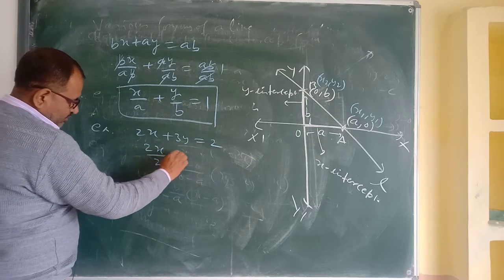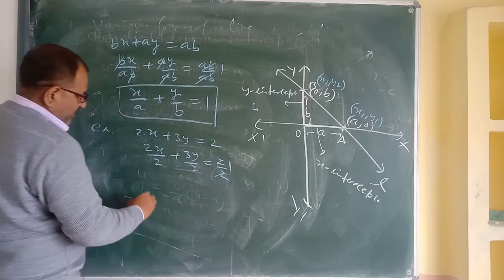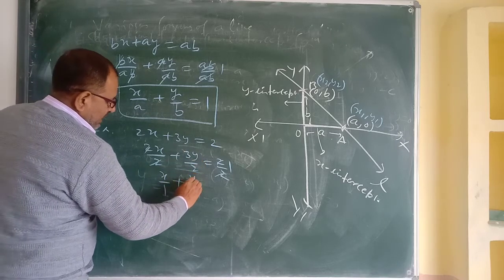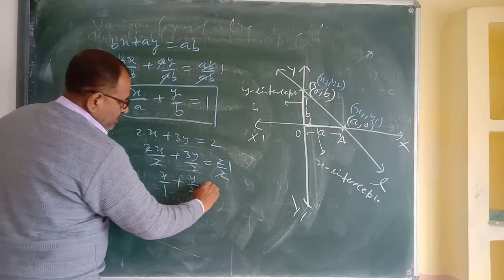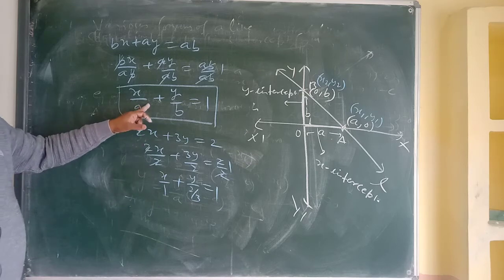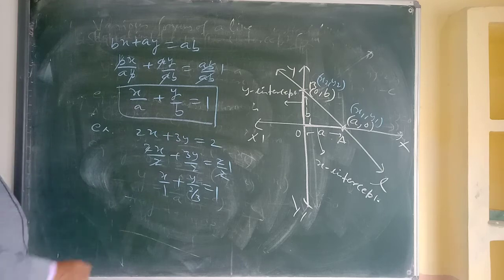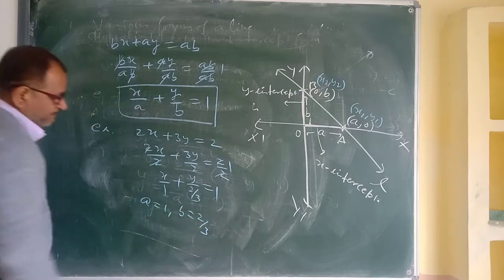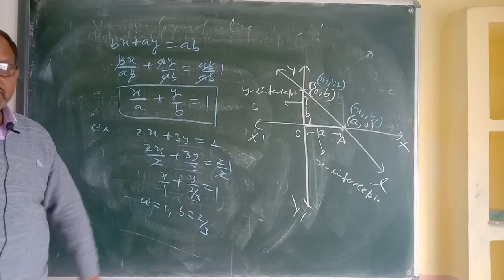So 2x upon 2, 3y upon 2 is equal to 2 by 2, which is 1. 2 cancels. So x upon 1 plus y upon 2 by 3 is equal to 1. If we compare this with the standard equation x upon a plus y upon b is equal to 1, we get a is 1 and b is 2 by 3. So the x-intercept is 1 and the y-intercept b is 2 by 3.